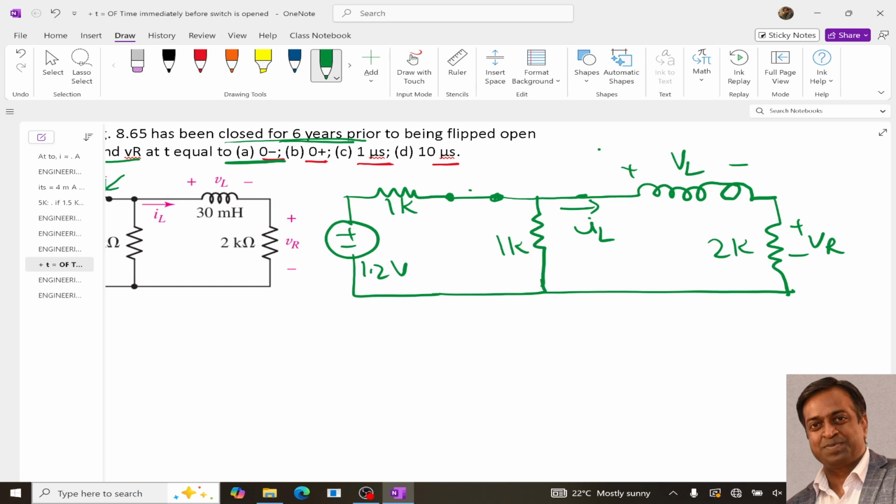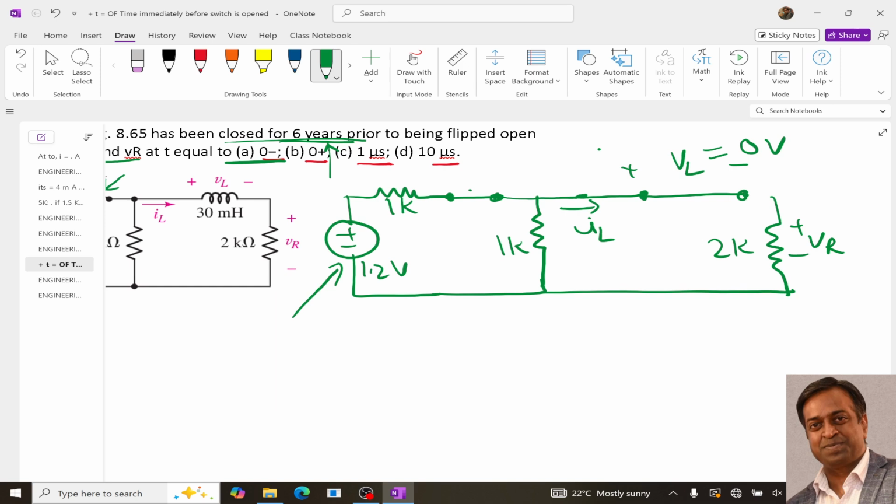Since the circuit has been in this state for the last 6 years and the supply is a constant voltage, the currents and voltages in the circuit are not changing. And since the current through the inductor is not changing, the voltage across the inductor will be 0 volt.